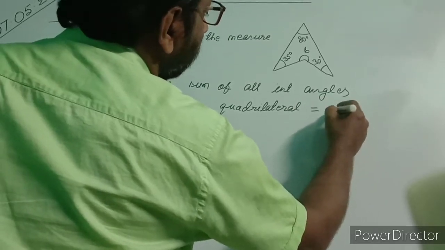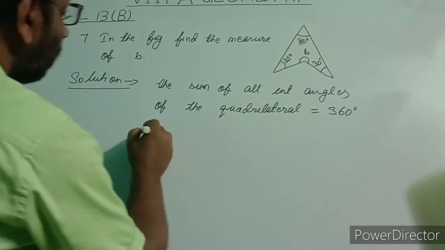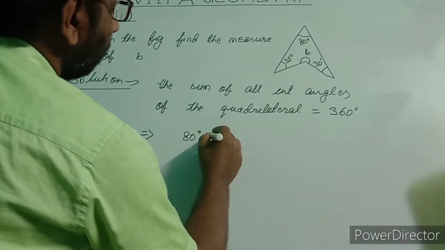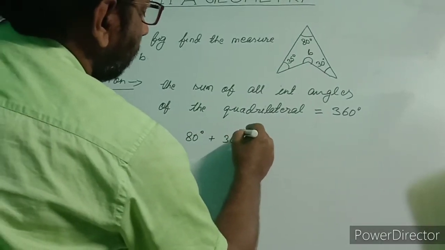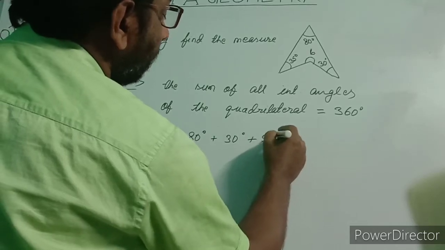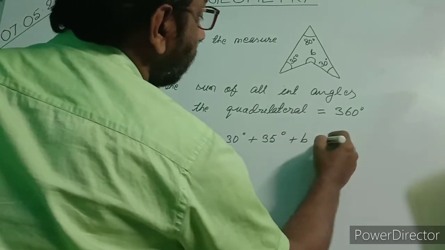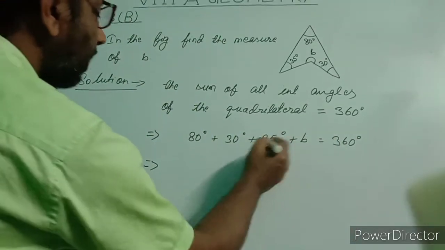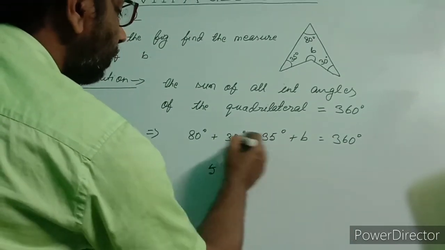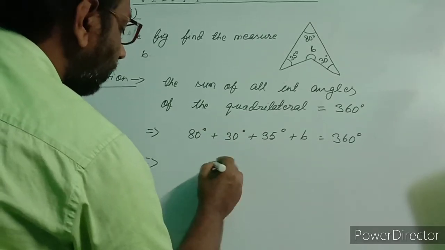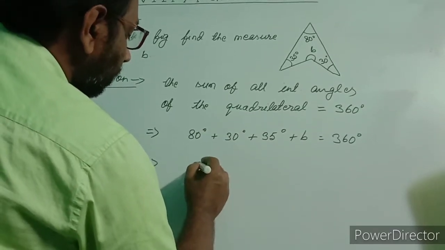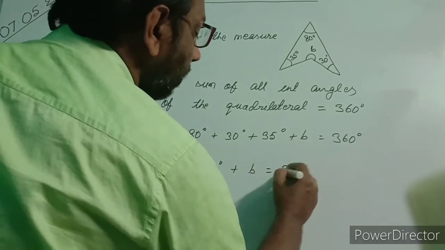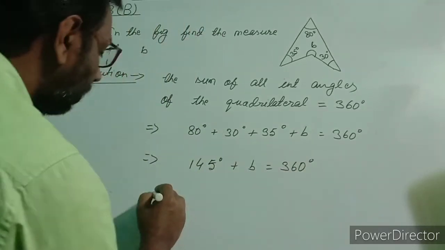is equal to 360 degrees, implies that 80 plus 30 plus 35 degrees plus B equal to 360 degrees, implies that 145 degrees plus B equal to 360 degrees.